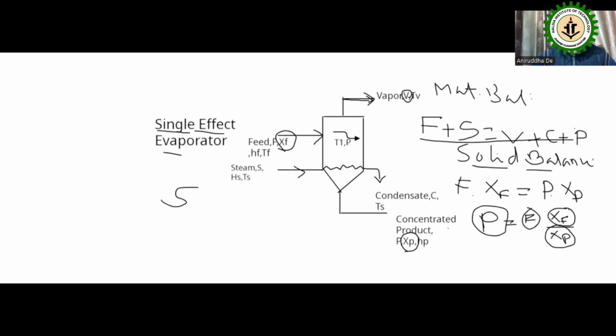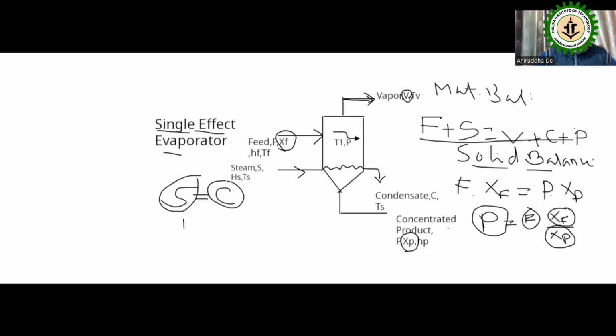The amount of steam entering equals the amount of condensate produced, because the same amount of steam is converted into the same amount of condensate by releasing the latent heat of condensation. So S and C cancel.